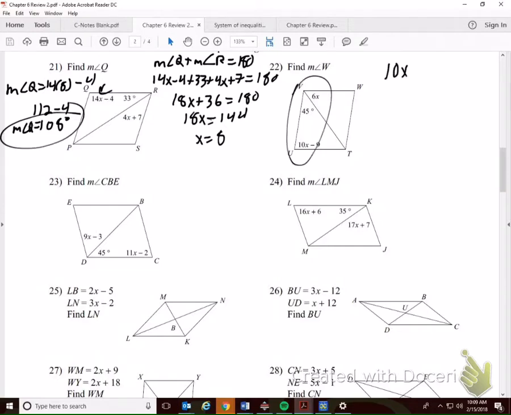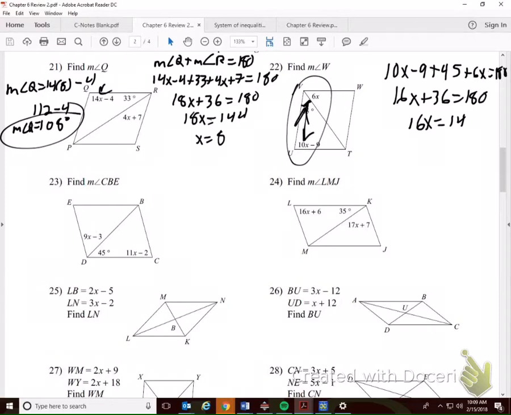22, same thing. We have two consecutive angles, so we know that they are going to be supplementary. Now keep in mind that top angle, angle V, is made up of two smaller angles, so we need to make sure that we're adding both of them into the equation. It's not enough to go 10x minus 9 plus 45, because that 45 degree angle is just this one right here.